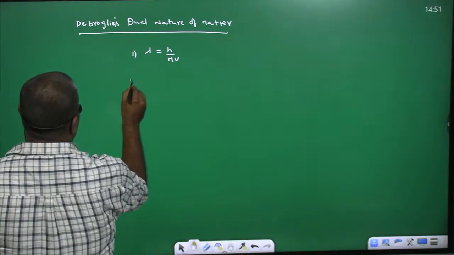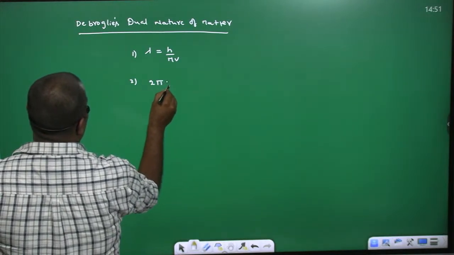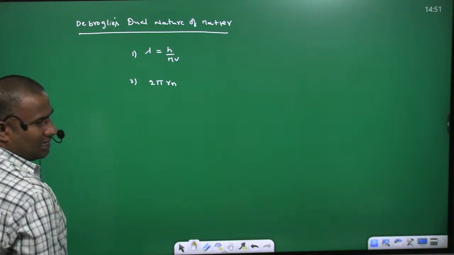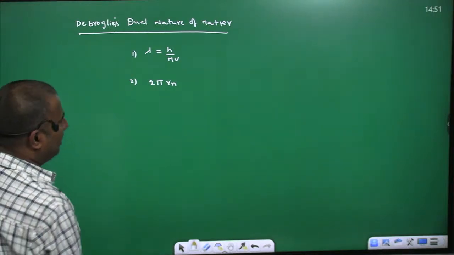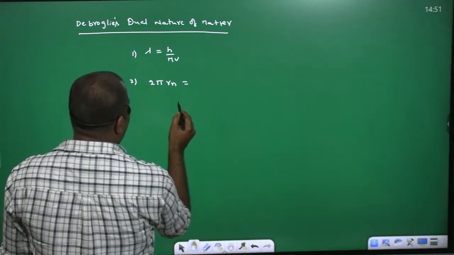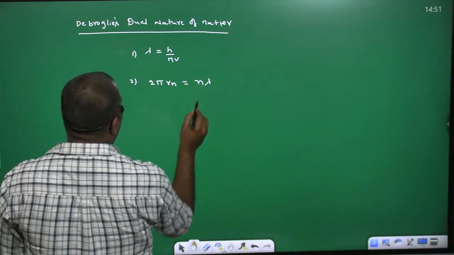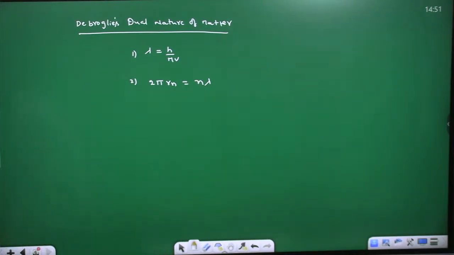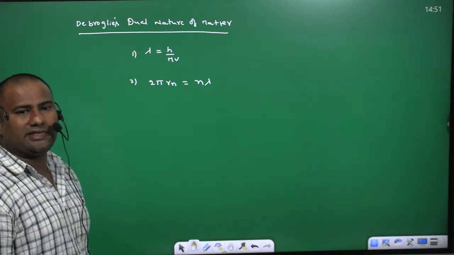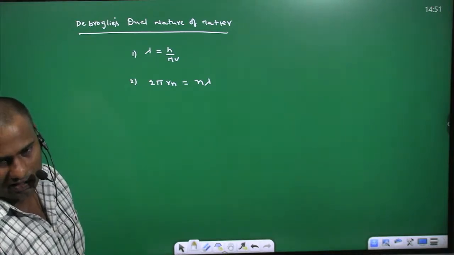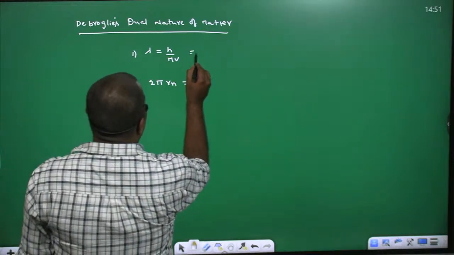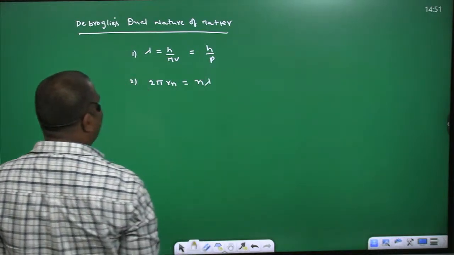From this we write the circumference of a given orbit, 2 pi r n equal to n lambda. Lambda equal to h by mv, where mv, mass into velocity, is nothing but momentum, so you can also write h by p.